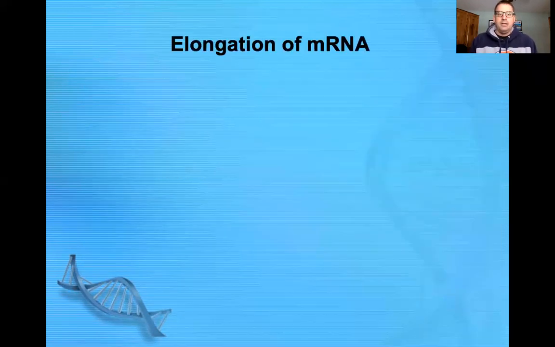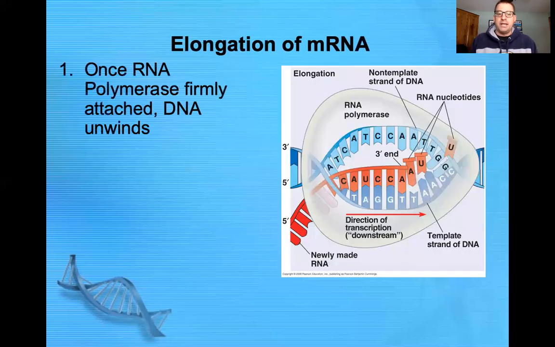Okay. Now, the second stage of transcription is the elongation of the messenger RNA. So once the RNA polymerase is firmly attached to the promoter, the DNA starts to unwind. Okay, so this doesn't require helicase or anything else here.